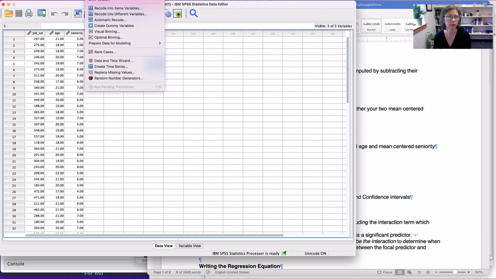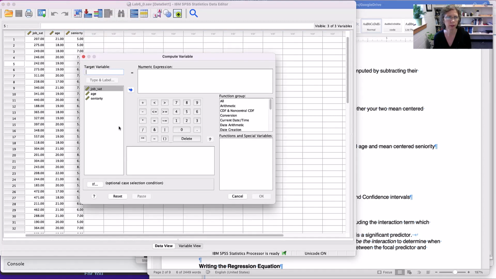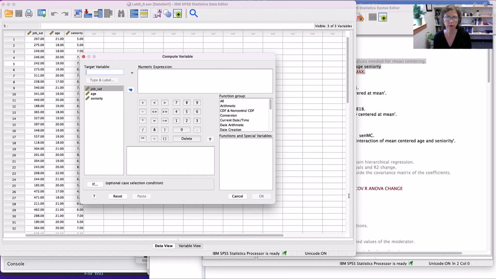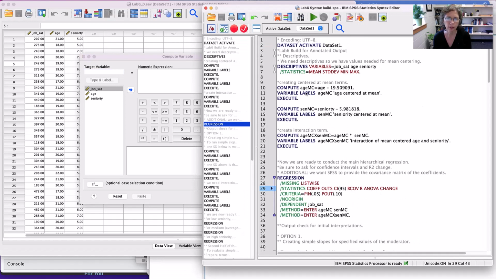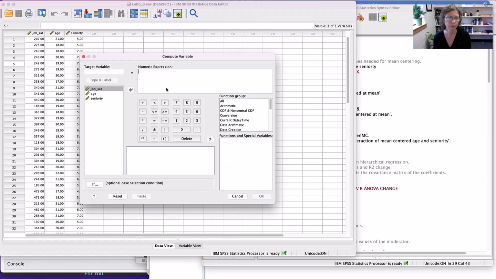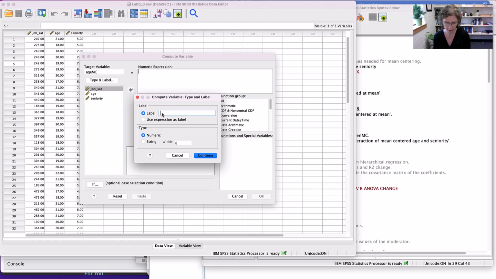We go to Transform and Compute Variable, and you'll get your setup here. And here you want to give a name to your centered variable. I used, look at my syntax here, age mean centered. So you're going to give it a name. And then you want to give yourself a label so that you can keep track of things. Age mean centered.